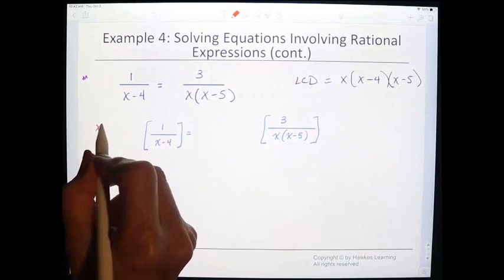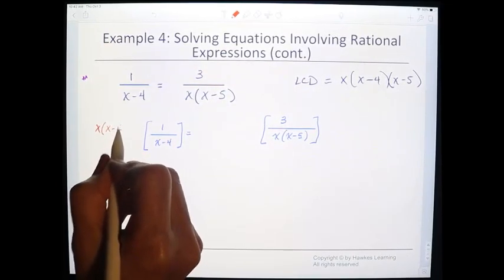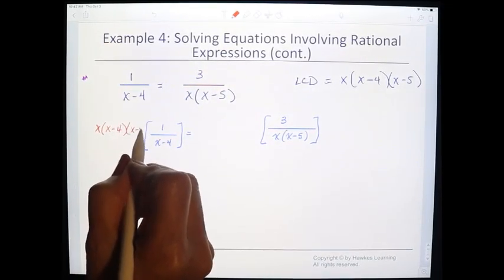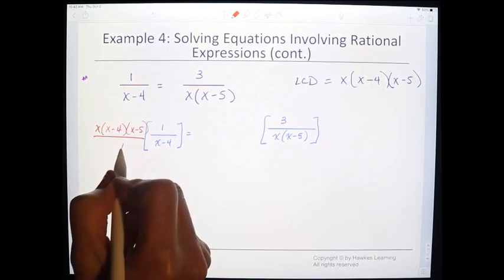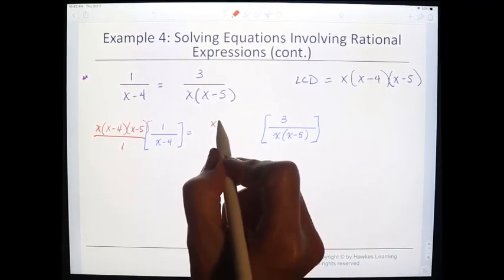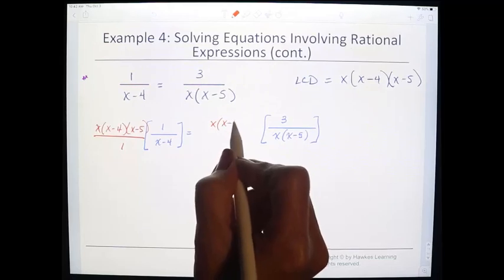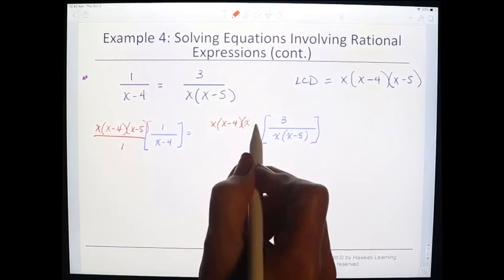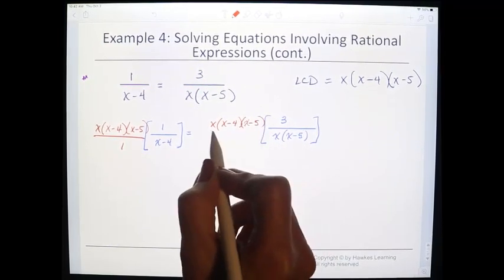You're going to keep that over the denominator 1, so here's my LCD. And remember, the reason you want to do this is because you want to clear out the fractions. We want these denominators to go away.